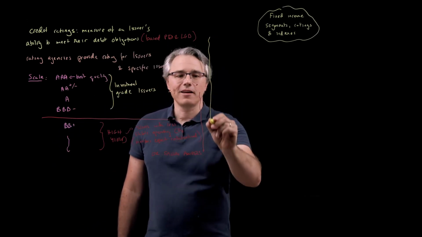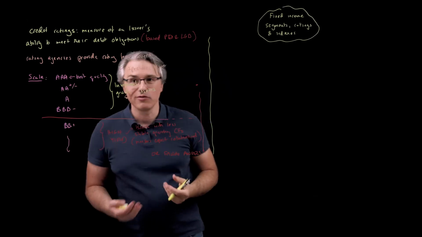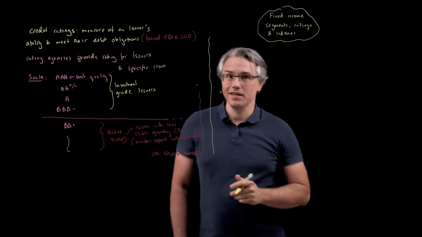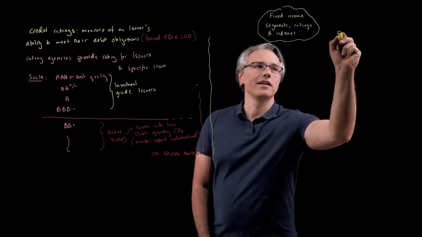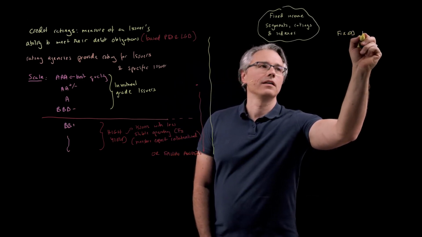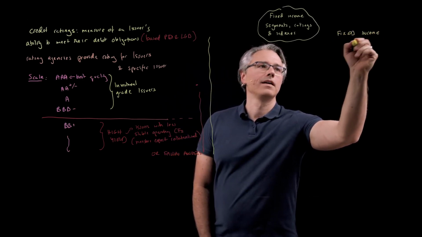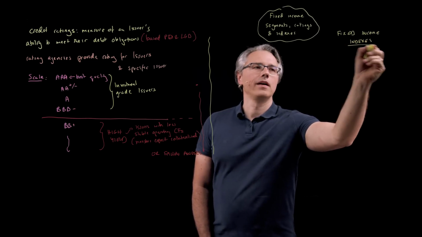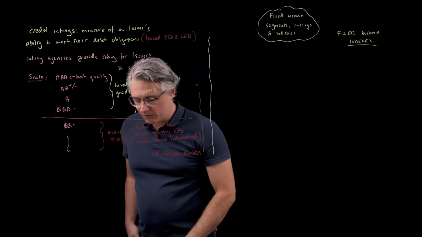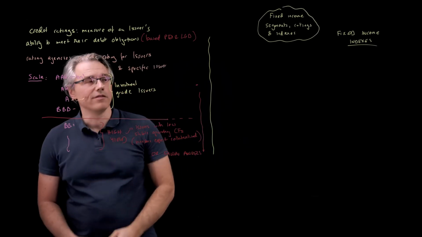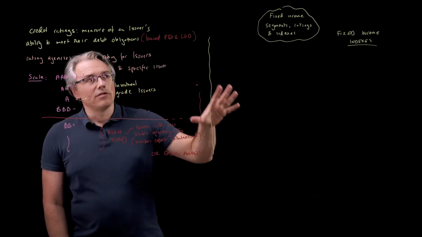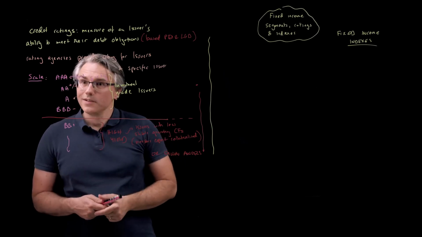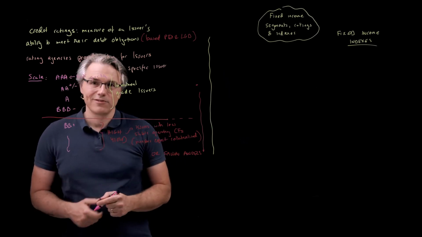The final segment, or the final concept I want to talk about, are fixed income indexes or indices. And your curriculum focuses especially on the difference that you'll observe with fixed income indexes in relation to equity indices, so indexes of stocks.